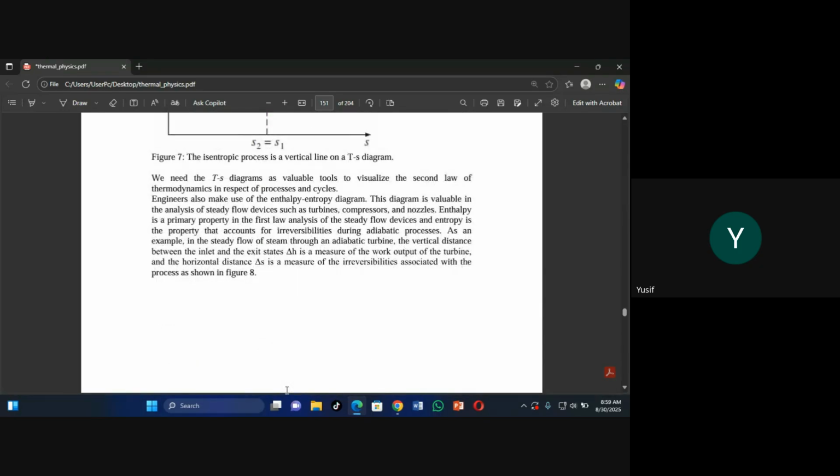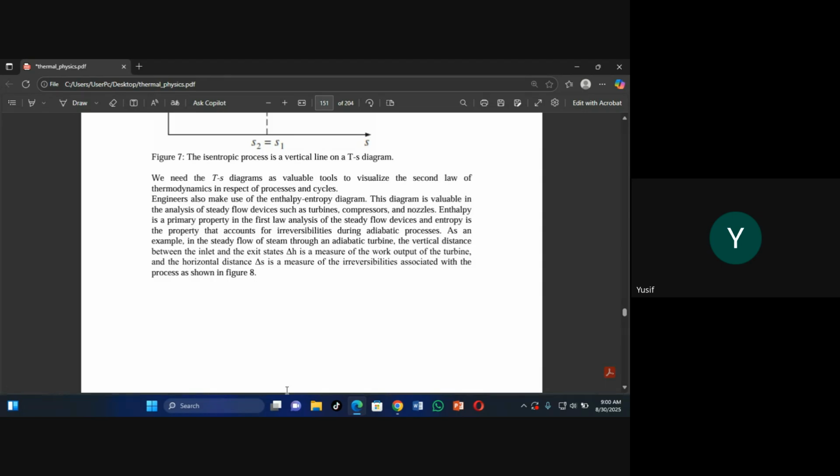We need the TS diagrams as valuable tools to visualize the second law of thermodynamics in respect of processes and cycles. Engineers also make use of the enthalpy entropy diagram. This diagram is valuable in the analysis of steady flow devices such as turbines, compressors, and nozzles. Enthalpy is a primary property in the first law analysis of the steady flow devices, and entropy is a property that accounts for irreversibility during adiabatic processes.